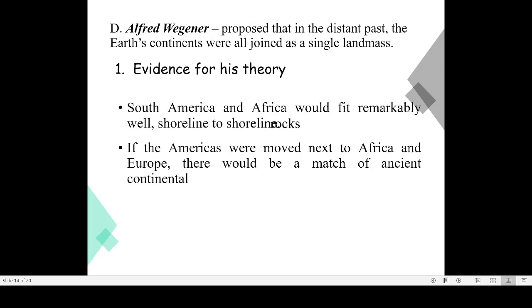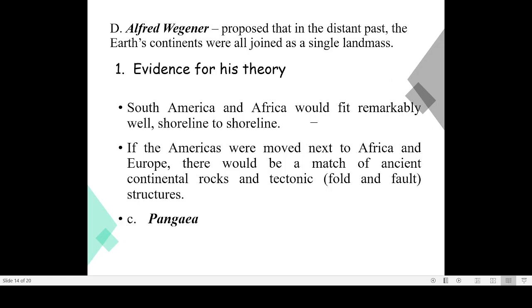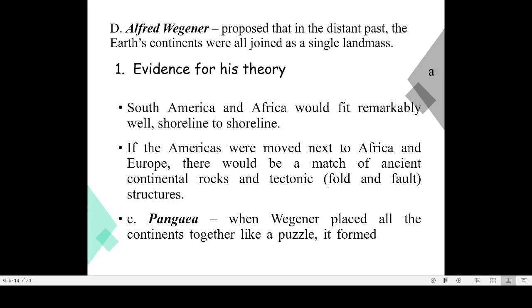Already I have shown you that. There is a close similarity between the shape of the eastern side of South America and the western side of the African region. If South America were moved next to Africa, there would be a match of ancient continental rocks and tectonic structures, like the folding of the rocks or mountains.